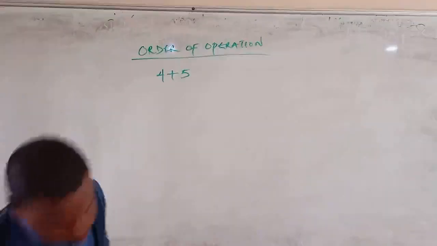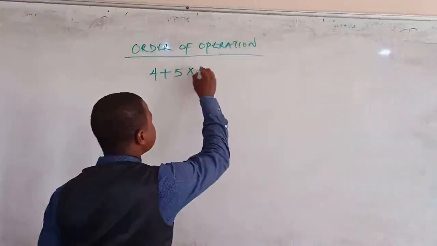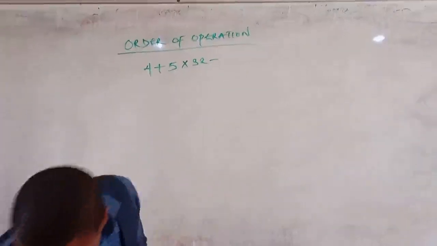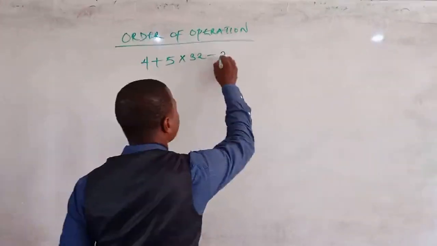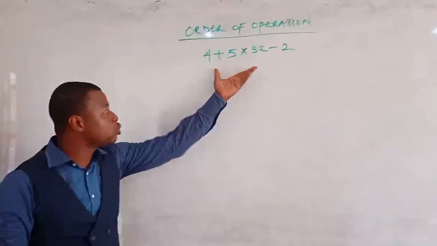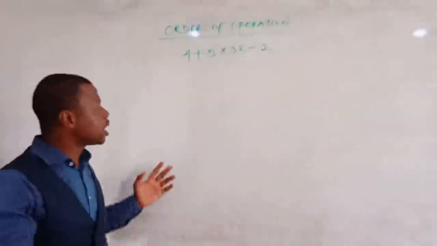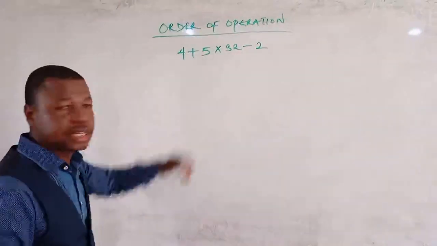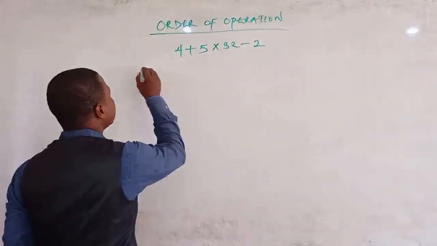4 plus 5 multiplied by 32 minus 2. So this is a sample question, and we have two candidates that want to attempt it.